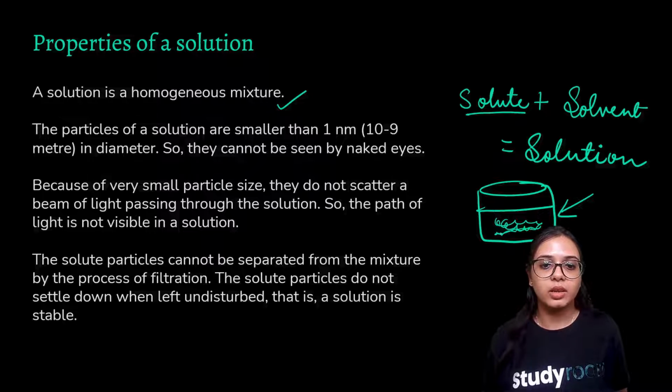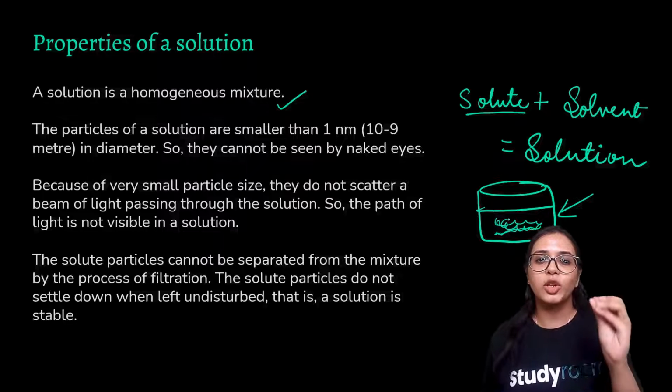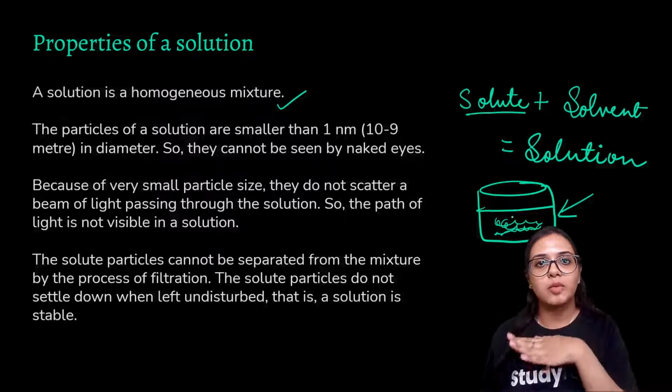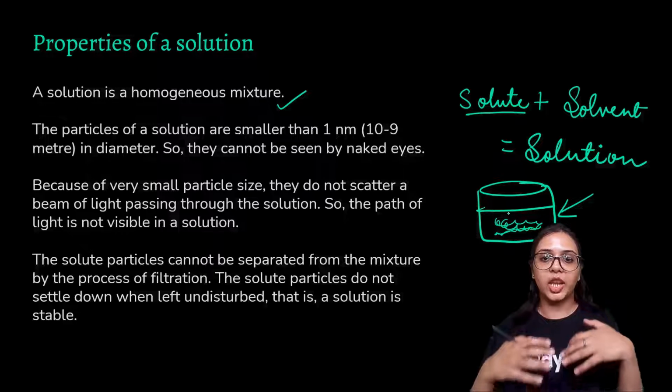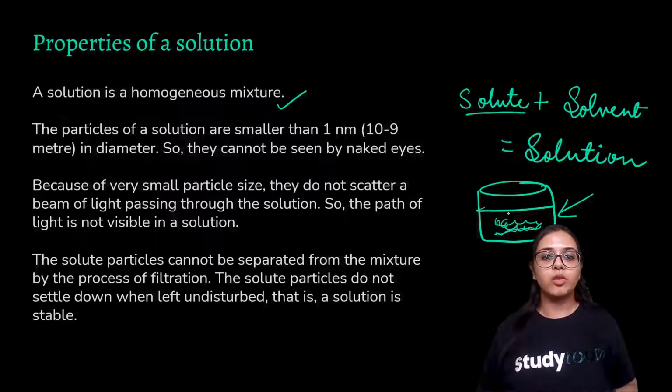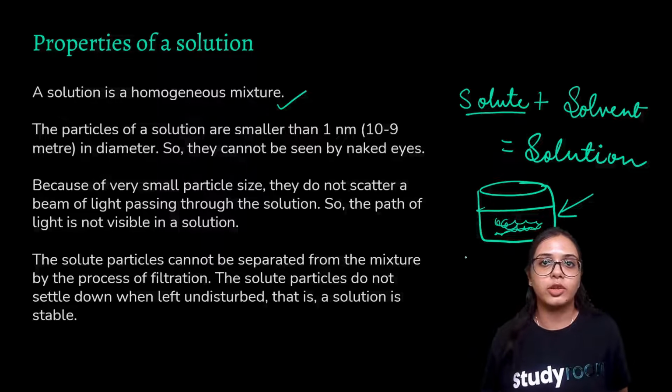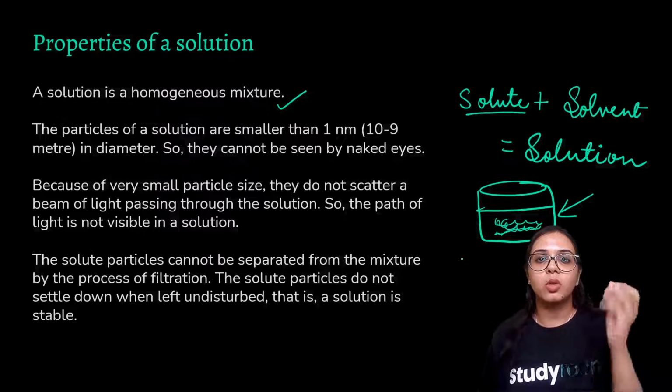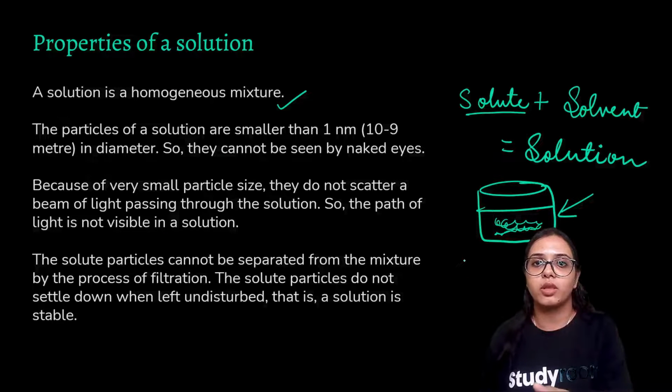The solute particles cannot be separated from the mixture by the process of filtration. Why? Because they are dissolved uniformly, the atoms or molecules lying in between the atoms or molecules of the solvent. So they cannot be separated by the physical process of filtration. Filtration is basically a physical process, you're not causing a chemical reaction to occur in that solution.